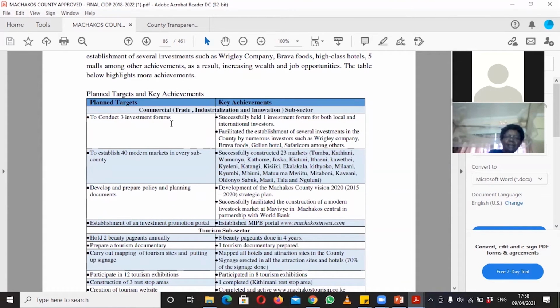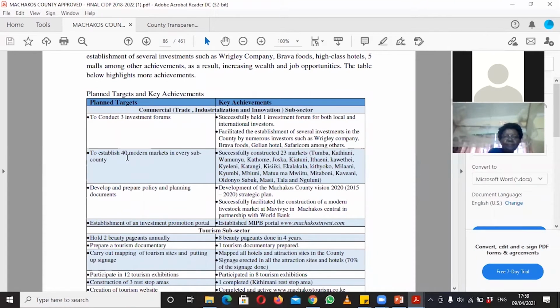Let me see. To conduct 3, so facilitated the establishment of several investments in the county by numerous investors. Okay. So they are saying that they attracted investors like the owner of Gillian. Yes. Okay.